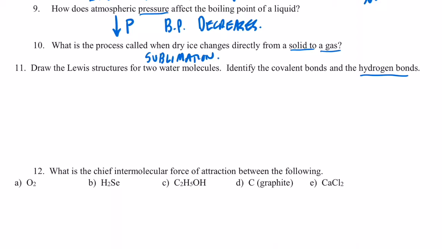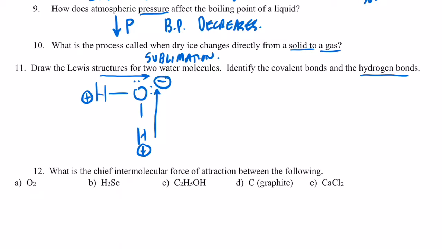Okay, here's the Lewis structure for a water molecule, H2O. Remember, it's a bent molecule, so I'll draw it like that. And we have a very strong dipole here. In fact, it pulls this electron away from hydrogen, and it surrounds the oxygen most of the time. So these hydrogen ends have a very positive charge. They're bare protons, remember?